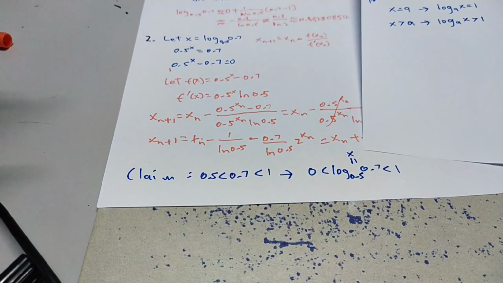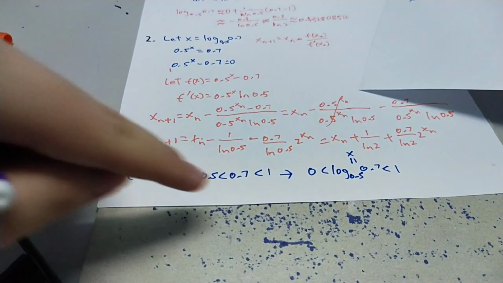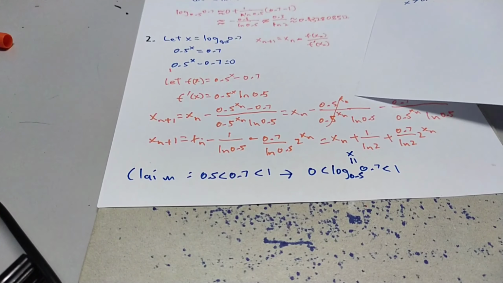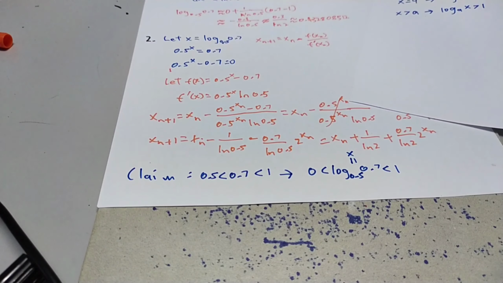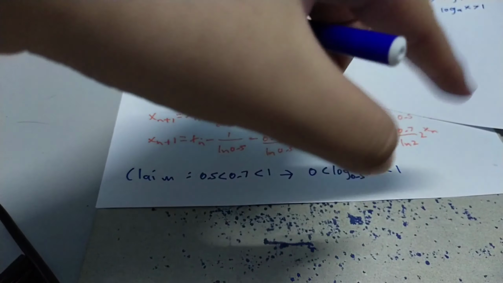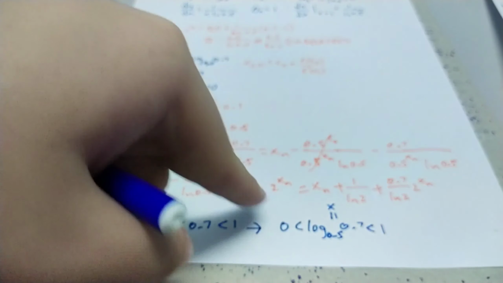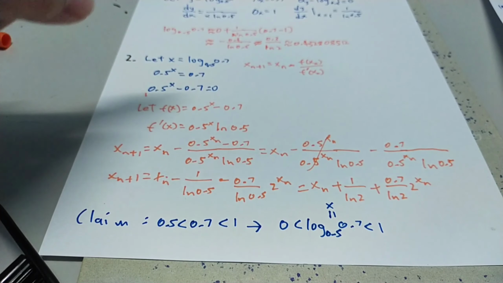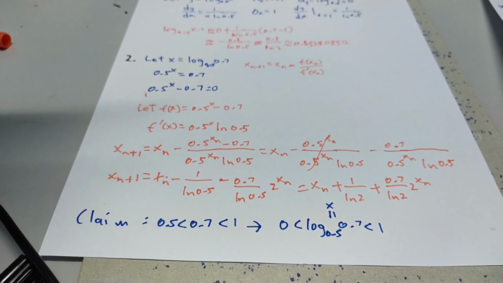And because of that, we can straight away apply this equation because we already got the interval of x. But if you're still not convinced about the interval, you can just plug in the values one by one. When x is equal to 0, it's going to be 1 minus 0.7, which is equal to 0.3.